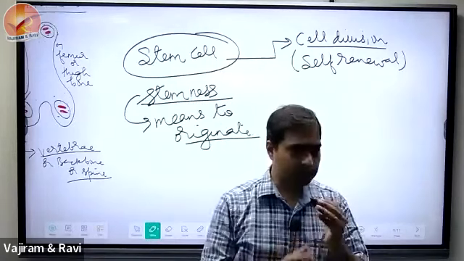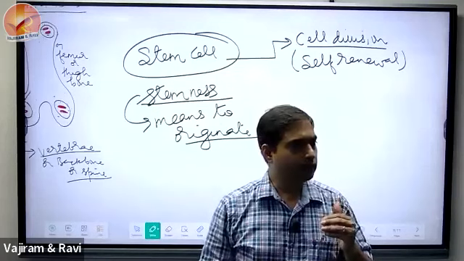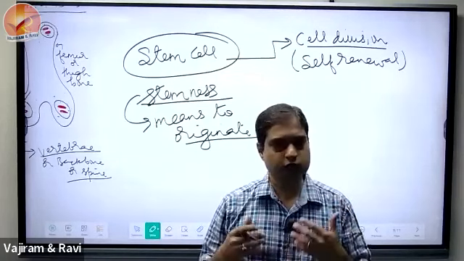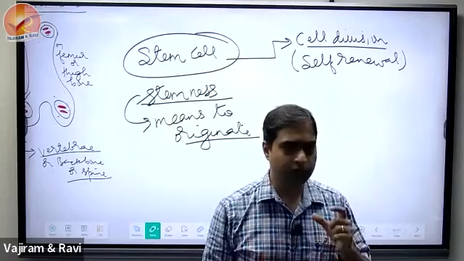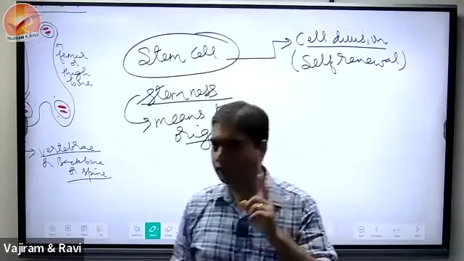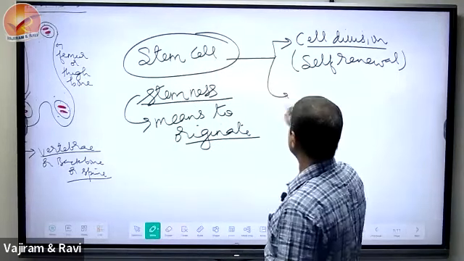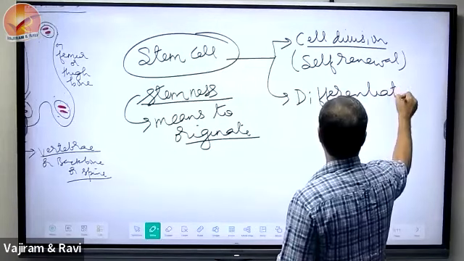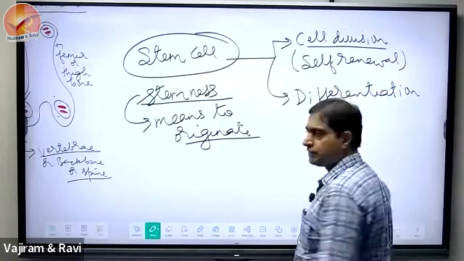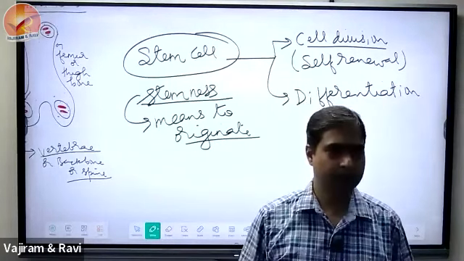So stem cells continuously divide through cell division, and due to which they provide you an unlimited source of new cells. That is the meaning of the term self renewal property of stem cell. This is one important fundamental property. The second important fundamental property is differentiation.